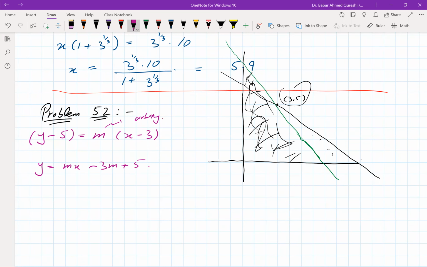So this line, now you have to find out where it cuts the x and y axis.